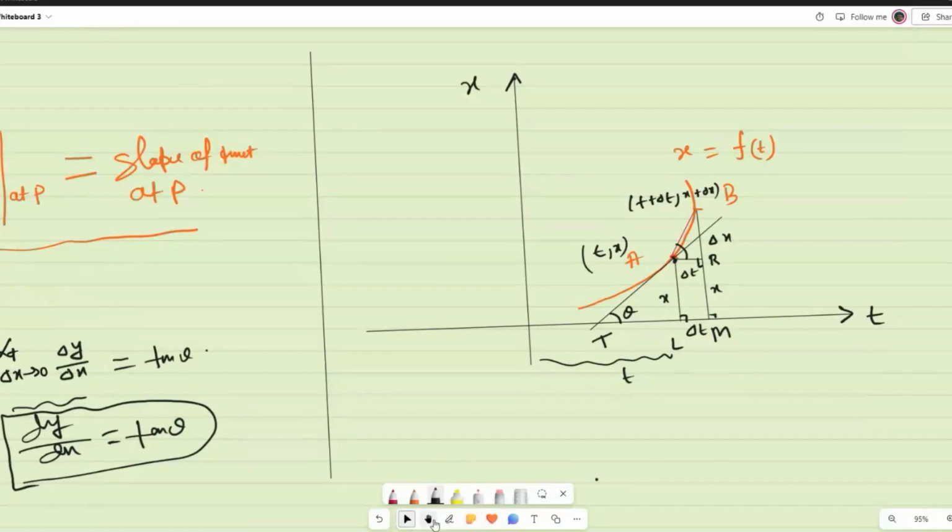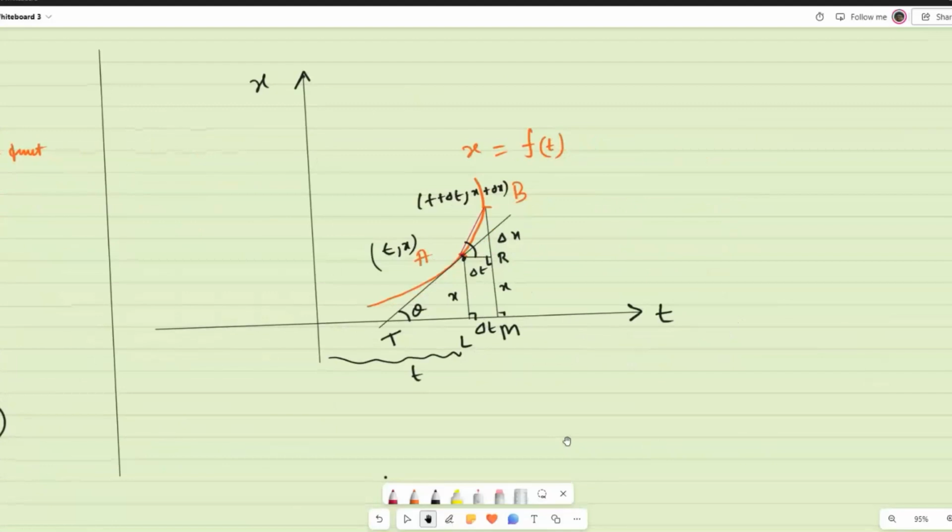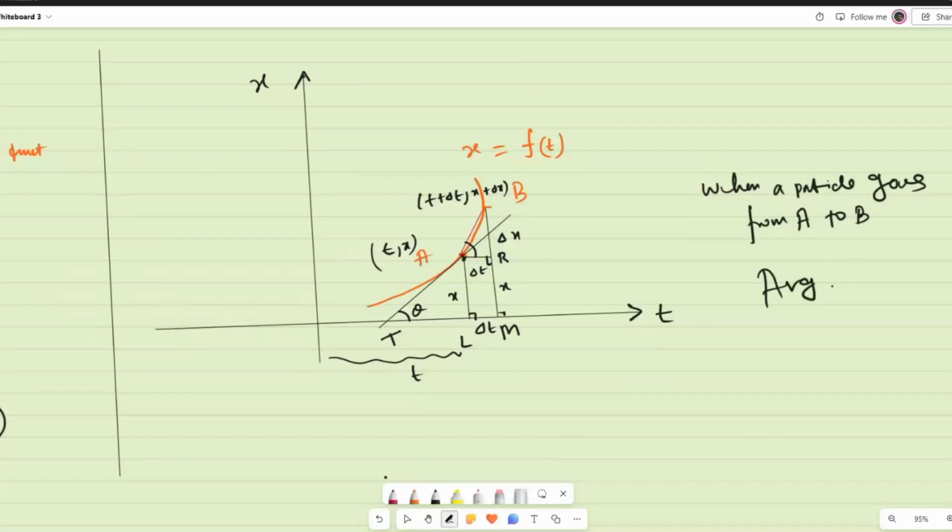So, when the particle goes from A to B, suppose a particle is in motion. When a particle goes from the point A to the point B, then average velocity is equal to displacement, which is a vector quantity, divided by delta t.